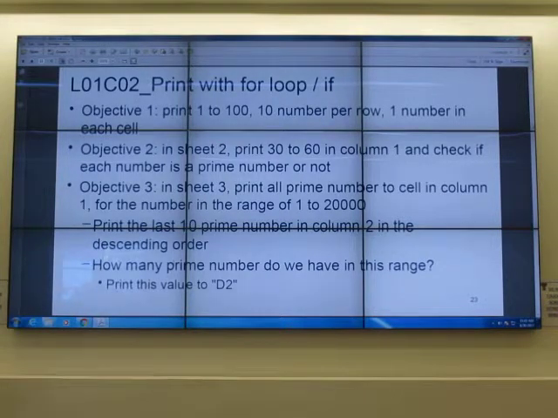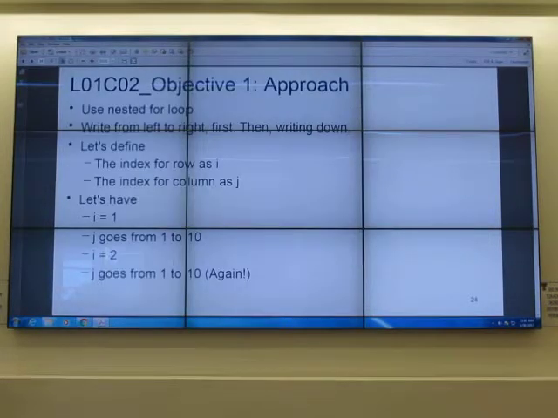So let's take a look at how we print the numbers in VBA. The approach is to use a nested loop. Last time one of you asked me what is Dim, D-I-M. Dim just declares the variable to be a certain type.